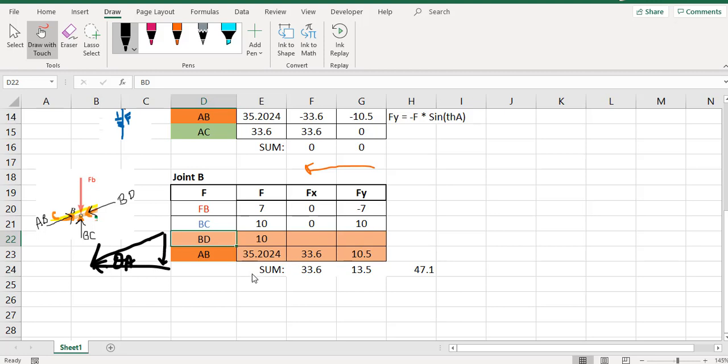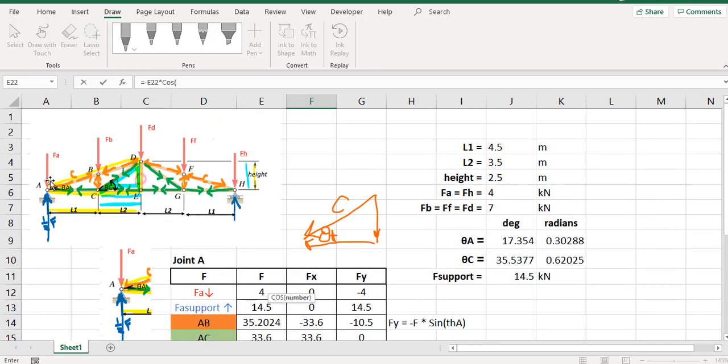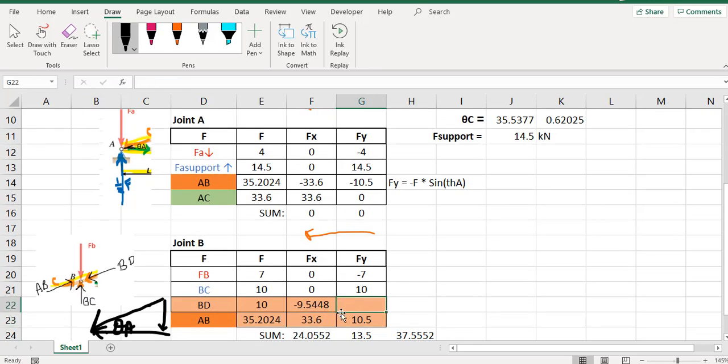So in the X direction, it's going to the left, negative of this times cosine. So here's the X component is adjacent. I'm going to come up, and do you see how it's at that same theta A? So make sure I'm grabbing the right angle here. And then for the Y component, that's opposite.